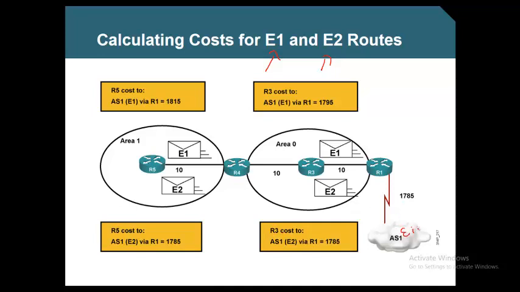Assume these are all EIGRP routes coming from Autonomous System 1 to OSPF. This is where the redistribution happens. While redistributing, you are saying for all EIGRP networks, this is the cost. You are giving the cost. If you don't give this, for all EIGRP routes, the cost will be 20. That is the default one.